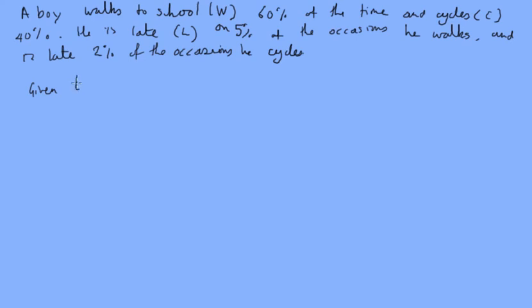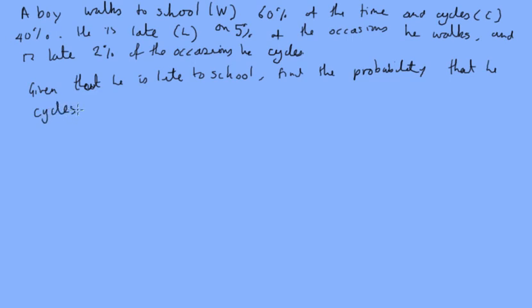Given that he is late to school, find the probability that he cycles, i.e. we're finding the probability that he cycled given that he's late.